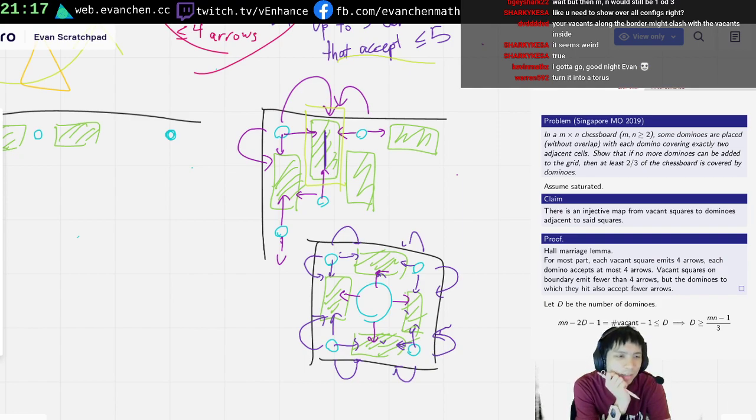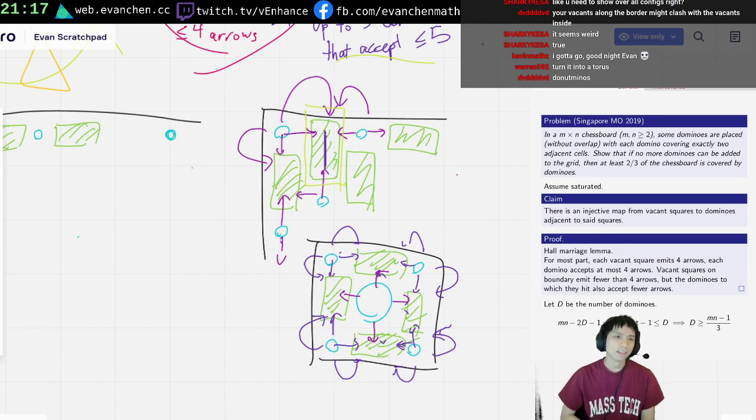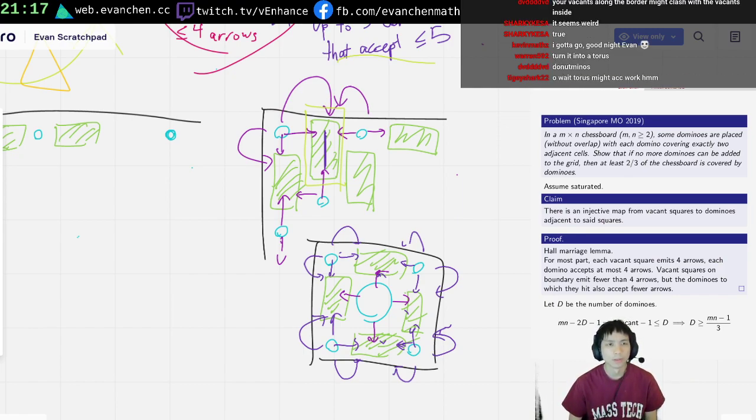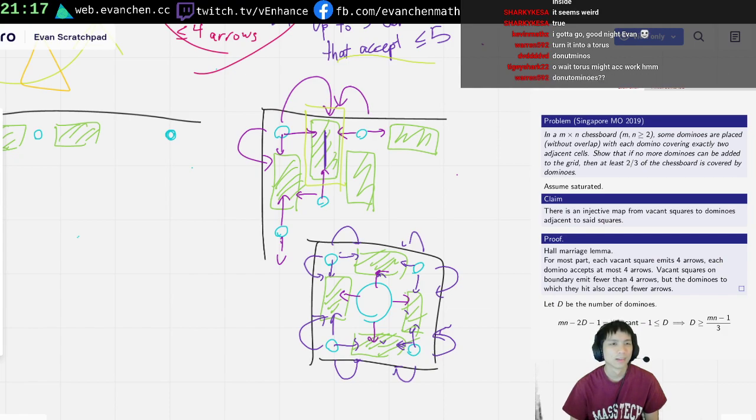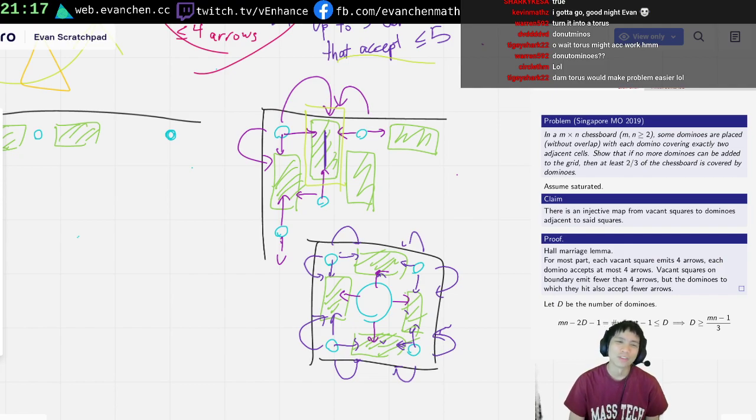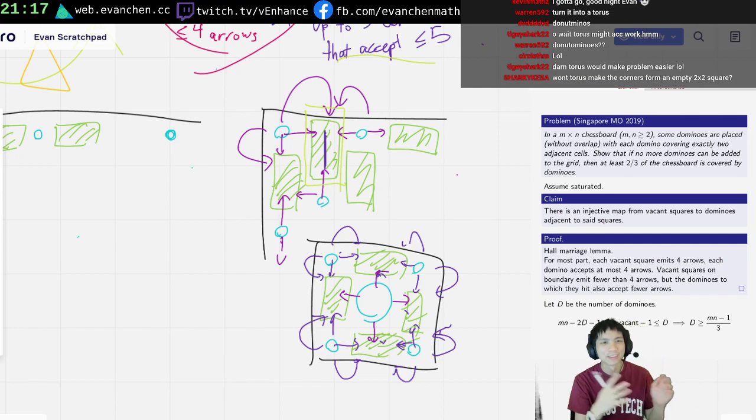Turn it into a torus? No, but see, then you run into the same issue, right? When you make it a torus, you might have some vacants that become adjacent that weren't supposed to be. Oh, right. If the problem was on the torus, we would be fine, because then there's no freaking corner issue.